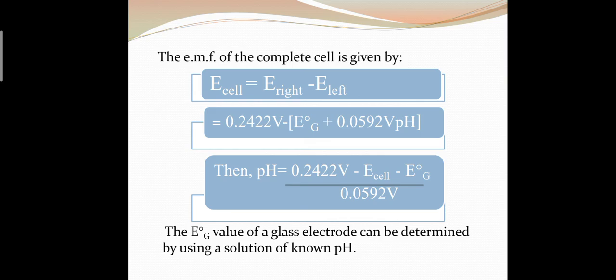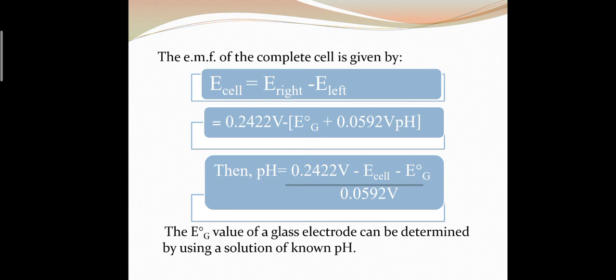That is further written in the form of pH equals 0.2422 volt minus E cell minus E0G, upon 0.0592 volt.